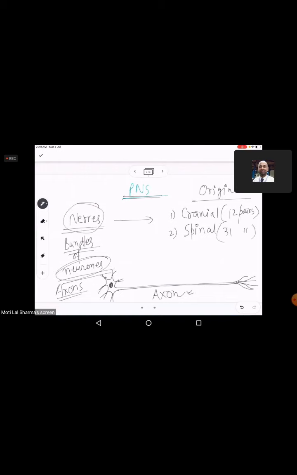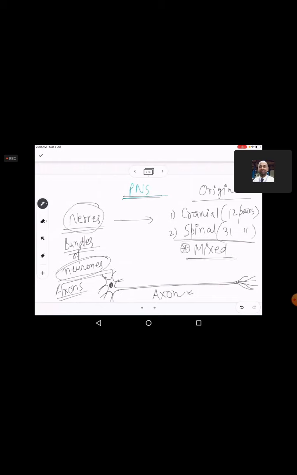So what's the difference between these two? Only their origin. Remember that spinal nerves are all of mixed type. This is important. Mixed type means what?